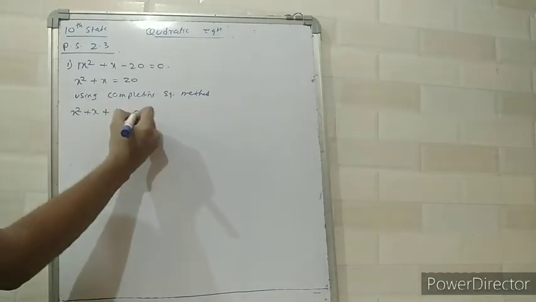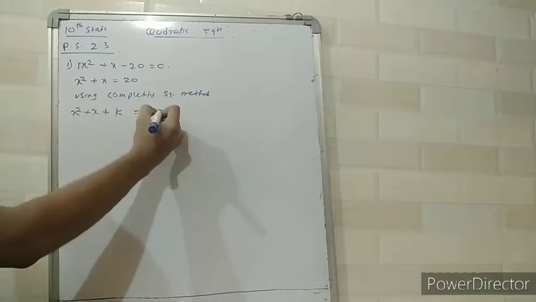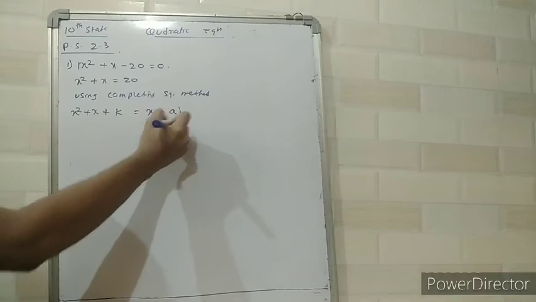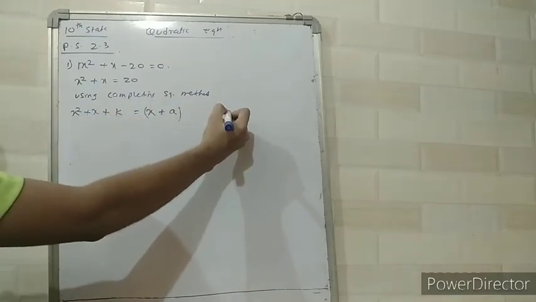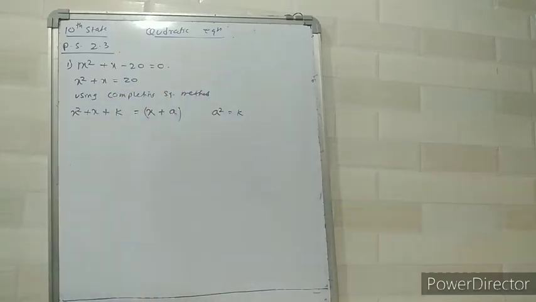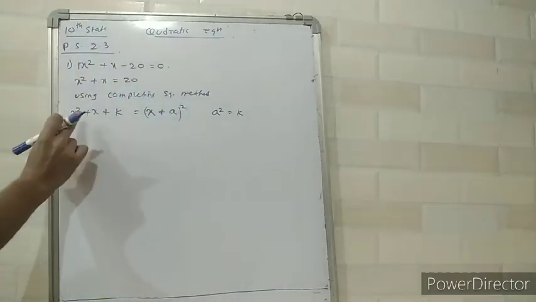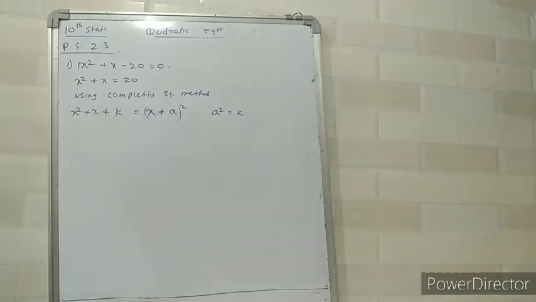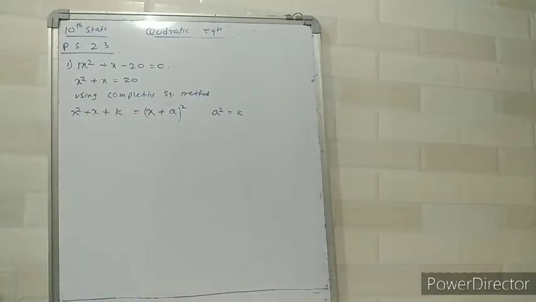Perfect square means it is x, in the middle term we have plus sign, and we have a over here. You need to remember that a square is equal to k. So x square plus x plus k is equal to x plus a the whole square. If it was a minus sign over here, I would have written minus a the whole square.